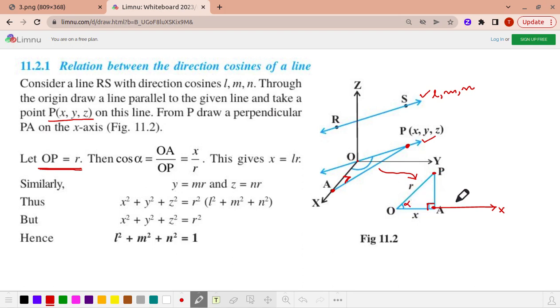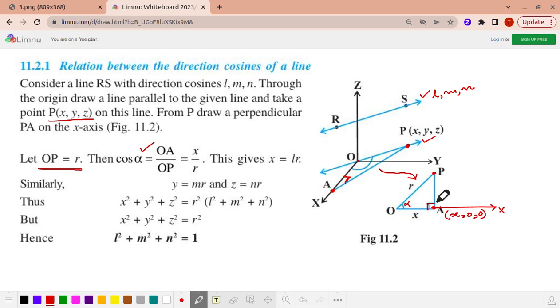So what can we find? Cos alpha. It is base by hypotenuse, that is OA by OP. As you see here, OA is nothing but x, because if the point P has the coordinates x, y, z, then the point A has coordinates x, 0, 0, because the point A is on the x-axis, and A is the foot of the perpendicular drawn from the point P to the x-axis.